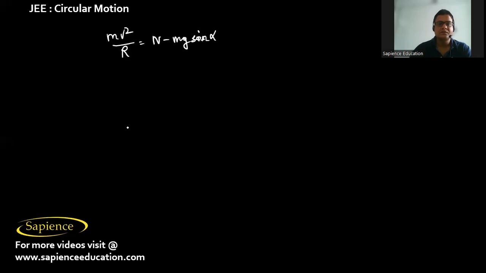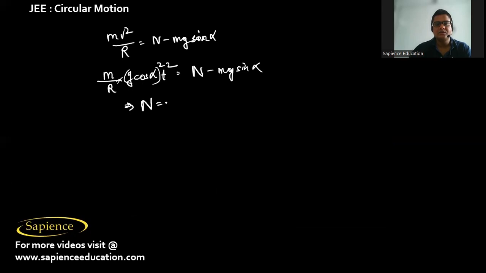So therefore we can say m by r into v square, that is g cos alpha into t whole square, is equal to n minus mg sine alpha. So therefore n will be equal to m by r into g square cos square alpha into t square plus mg sine alpha.